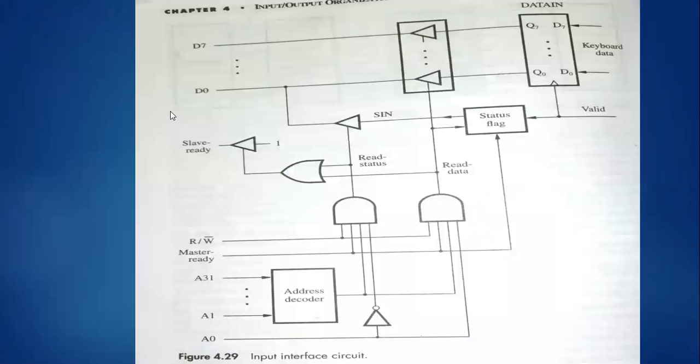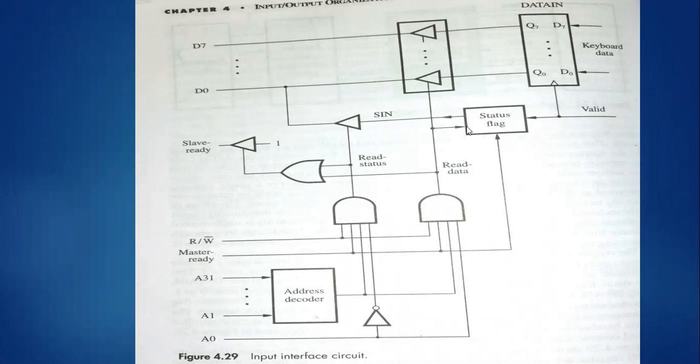Now this is the very important input interface circuit for the parallel port. You can easily observe the keyboard you have here, data in we have over here, and the valid signal over here. Because of this valid signal, we have a status flag.